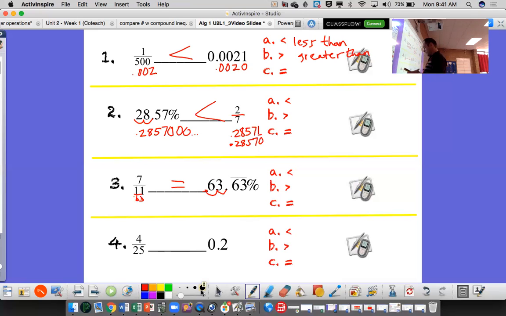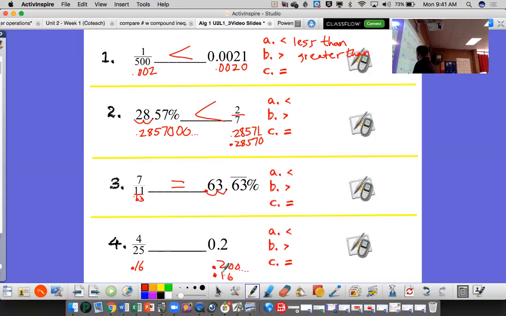4 divided by 25 is 0.16. And this is 0.2. So again, I'm going to line up the decimal points, right? 0.16. And a lot of kids think 0.16 is bigger because it's got more decimal places. But remember, what comes after this 0.2 is a bunch of zeros, right? So think about it.